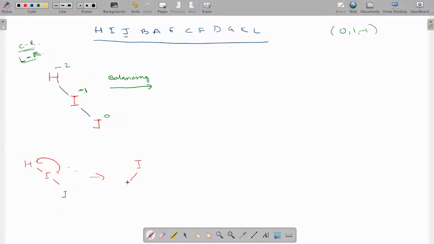So H will go down and J will come here. This will be the structure, and this is a balanced structure. After balancing, the structure gets changed. I becomes the root node, H becomes the left child, and J becomes the right child. And why is it balanced? It is balanced because this has a balance factor of 0, this also 0, this also 0.